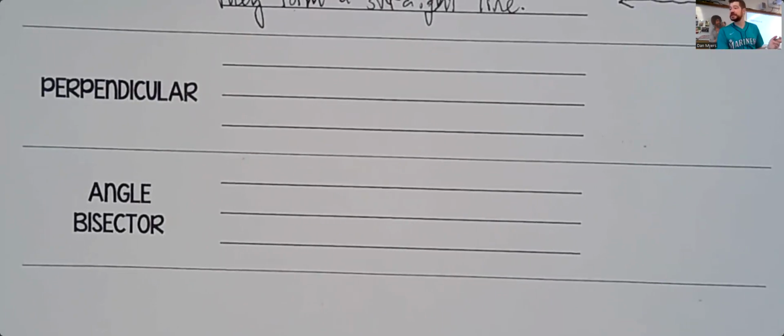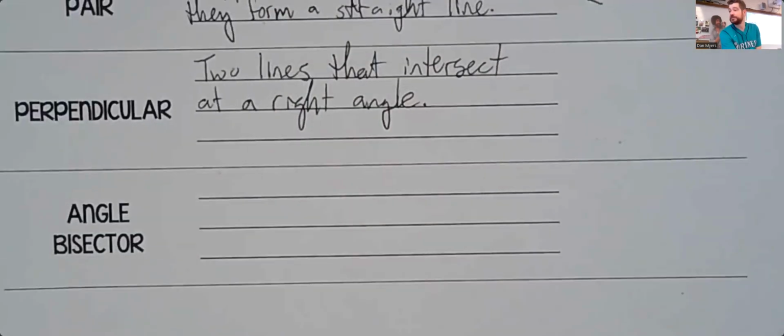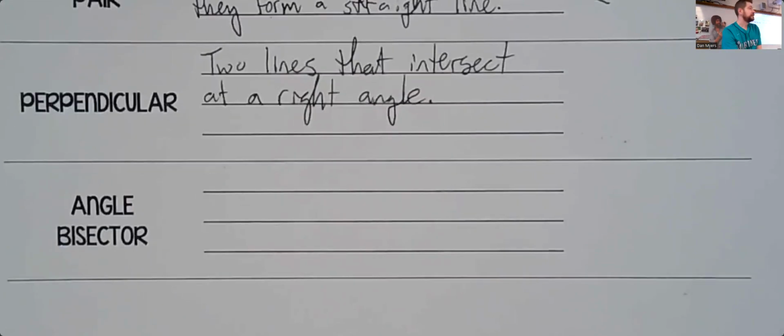So it would be two lines that intersect at a right angle. So perpendicular, just two lines that intersect at a right angle.